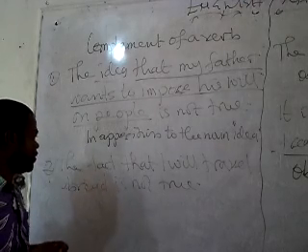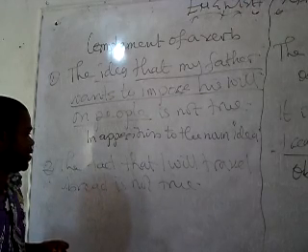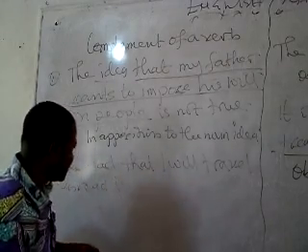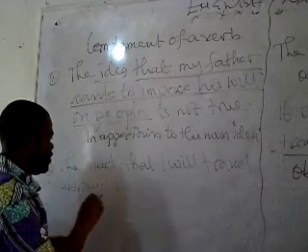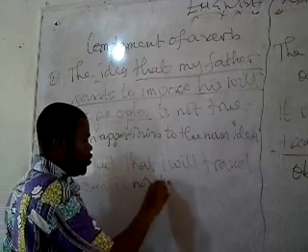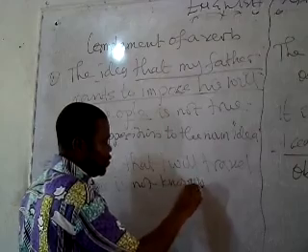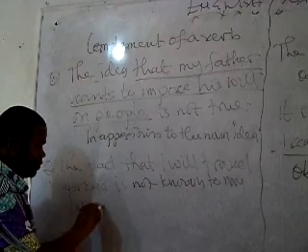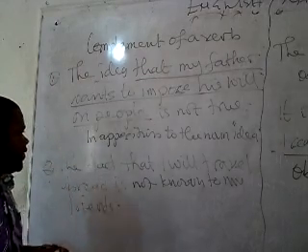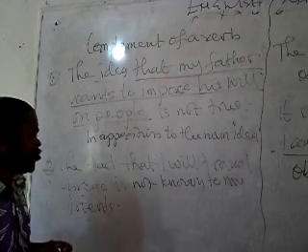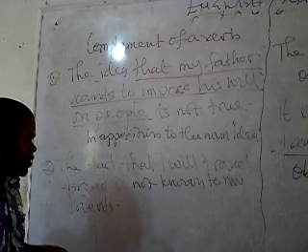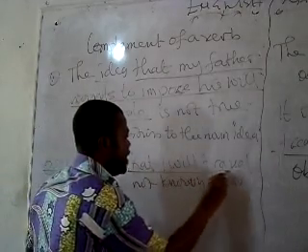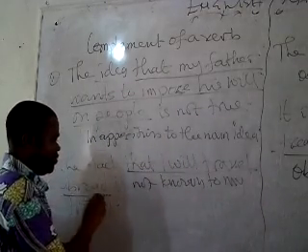The second example, the fact that I will travel abroad, let's make it: the fact that I will travel abroad is not known to my friends. Good. So the clause here becomes that I will travel abroad.